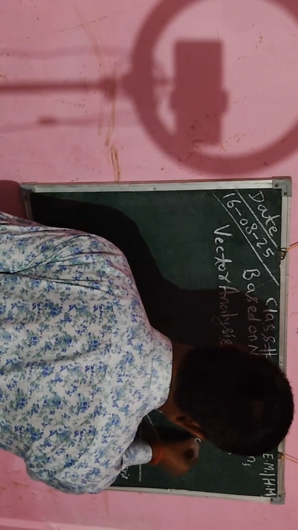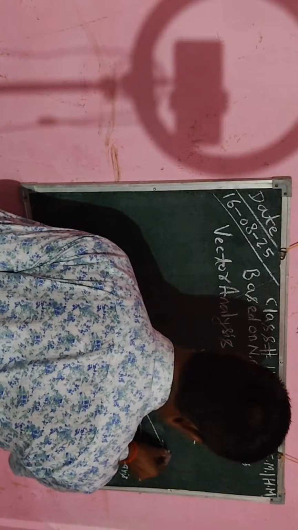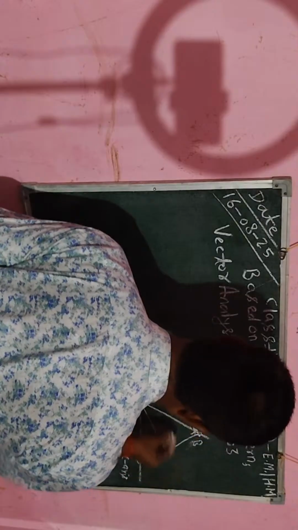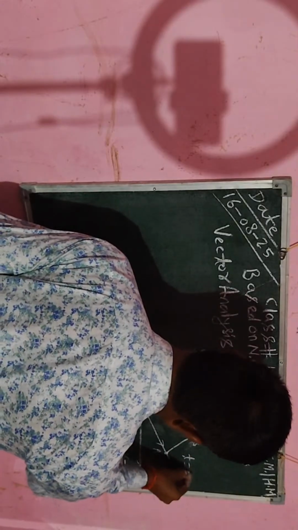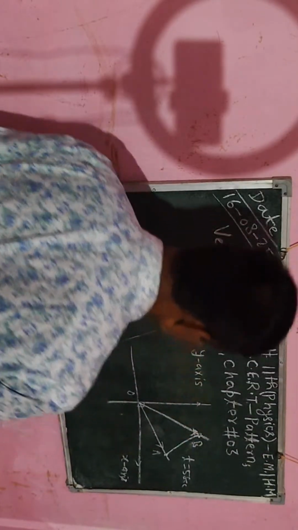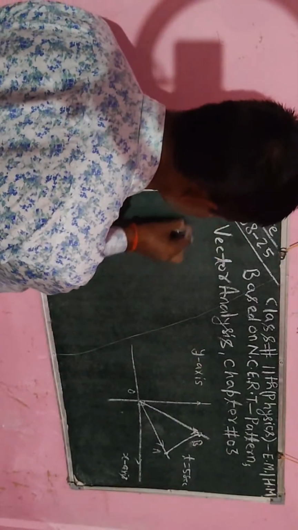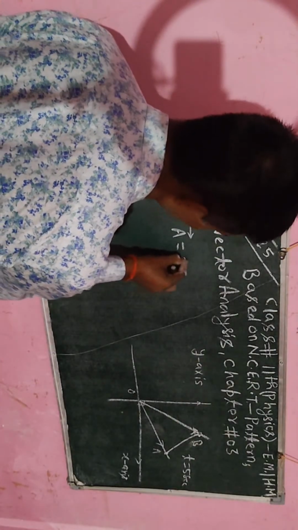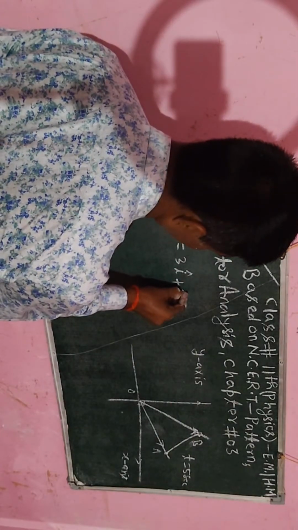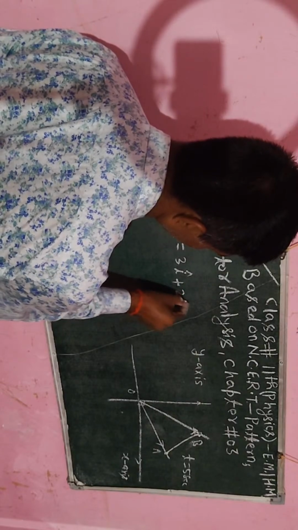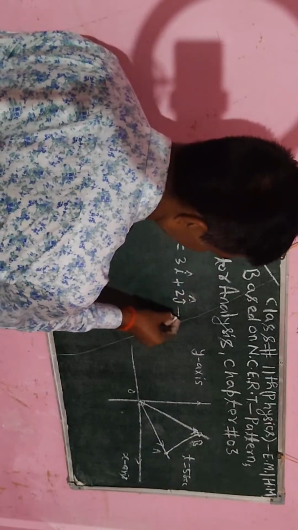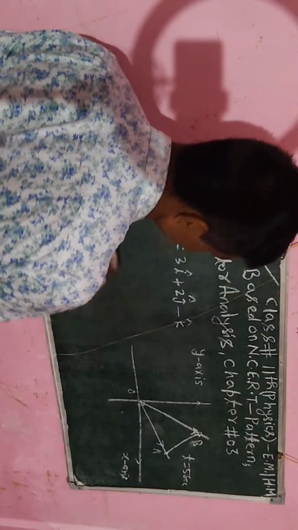Now a particle is moving from A to B, and the time taken is 5 seconds. Now this position vector A is given here. I am saying vector A is equal to 2 i cap plus 2 j cap minus a k cap, because here cap I am using, that is the unit vector.